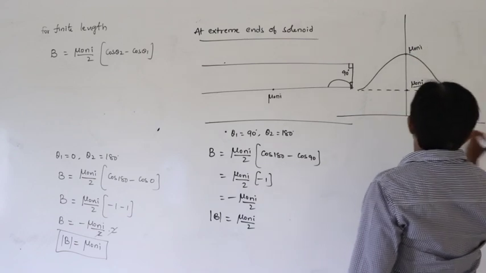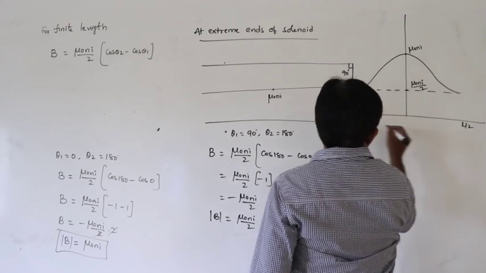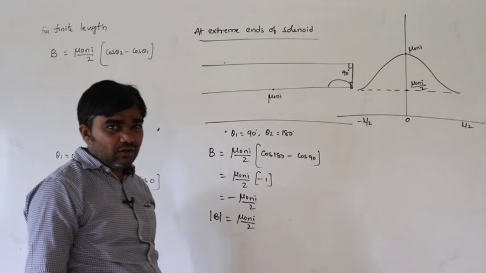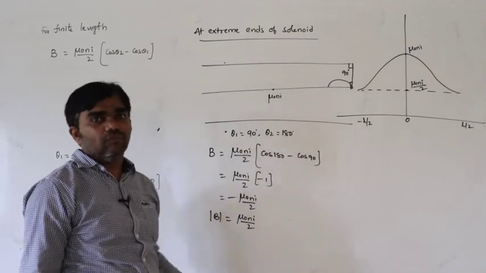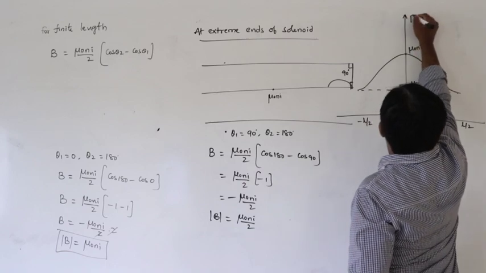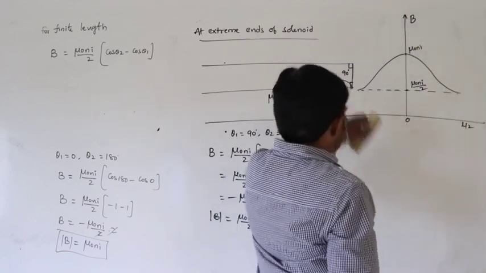So this is L by 2 and this is minus L by 2, this is 0. Whatever it is, length is infinity. This is the variation of the magnetic field from center to extreme ends.